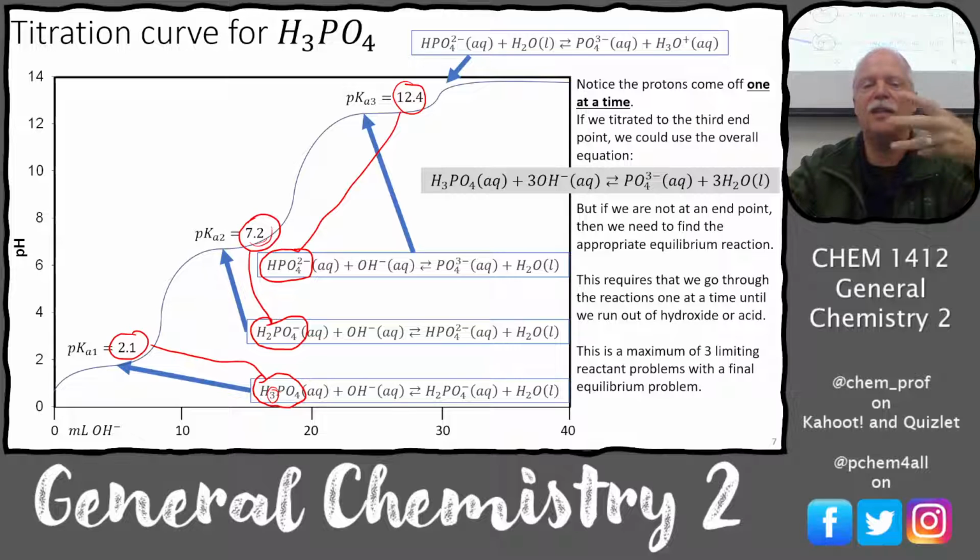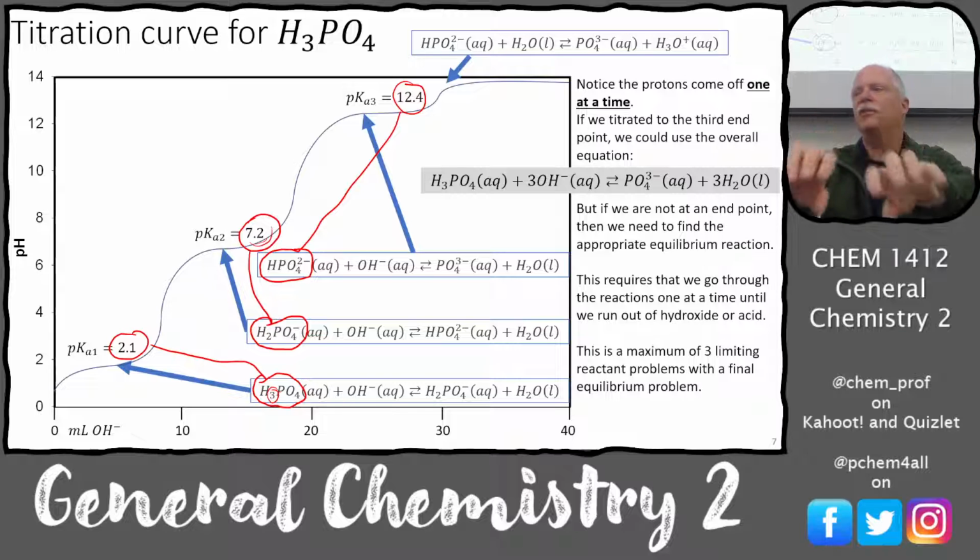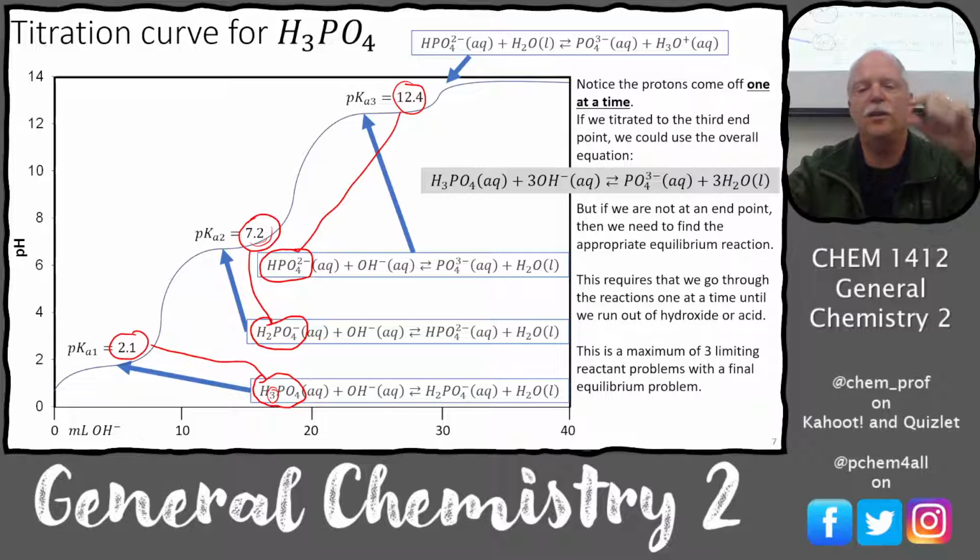And so this is a maximum of 3 limiting reactant problems where we run everything to 0 and then take that last row and move it to the next initial row and do the next reaction. So we're going to do all 3 of these reactions, walking through the limiting reactant problem, and then we'll end up with a final equilibrium problem based on this reaction up here. So this is the equilibrium reaction with this single proton acid and water making the phosphate ion.